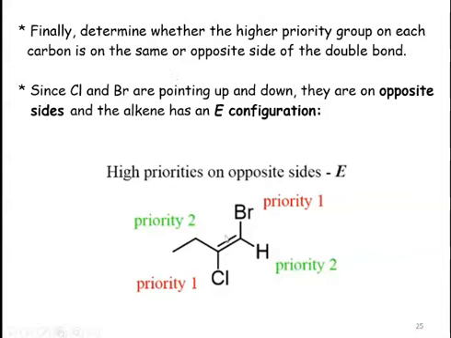Since both the chlorine atom and bromine atom bear higher priority as compared to this ethyl group or hydrogen atom, the high priority bearing groups are lying opposite to each other, hence it is E orientation. For the sake of remembering, we can associate this term E with opposite.